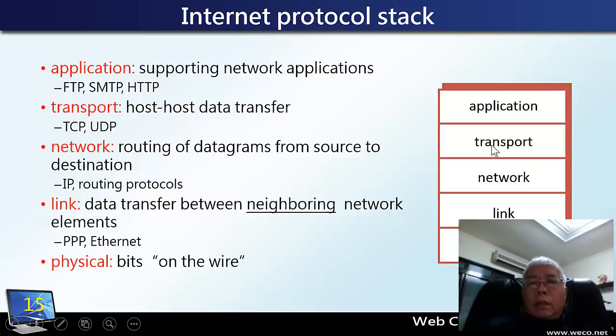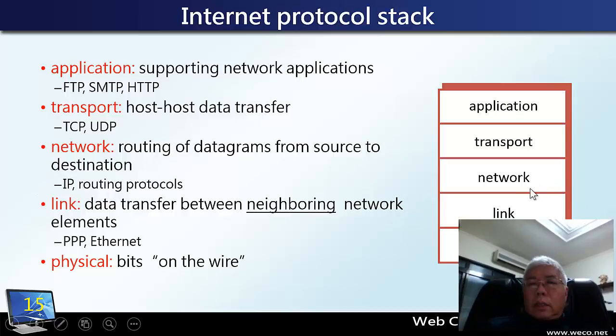Underlying the transport layer is the network layer. The network layer routes datagrams or packets from source to destination. Right now we use the IP, the Internet protocol. So sometimes we call the Internet today TCP/IP: TCP from the transport layer, and IP from the network layer.